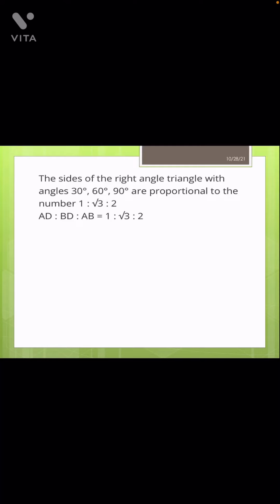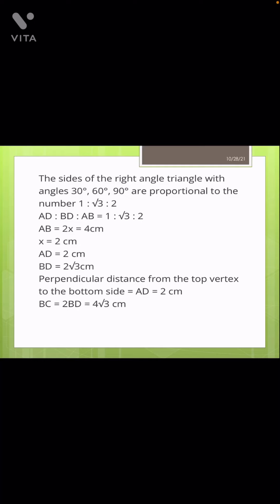So from this, we will get the value of AB. AB is equal to 2x, which is 4 centimeter, and x is 2 centimeter. AD is equal to 2 centimeter, and BD will be 2 root 3 centimeter.